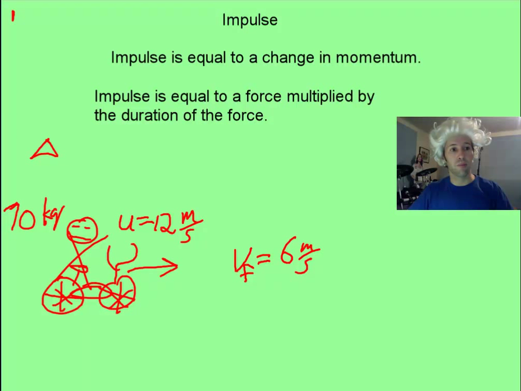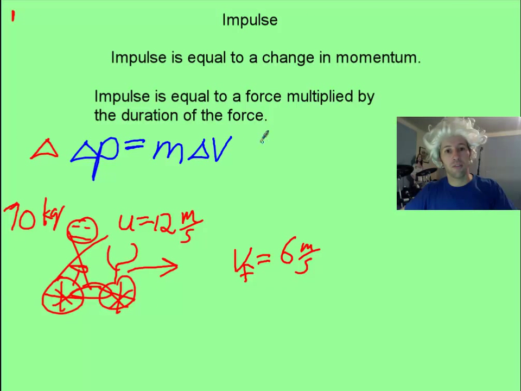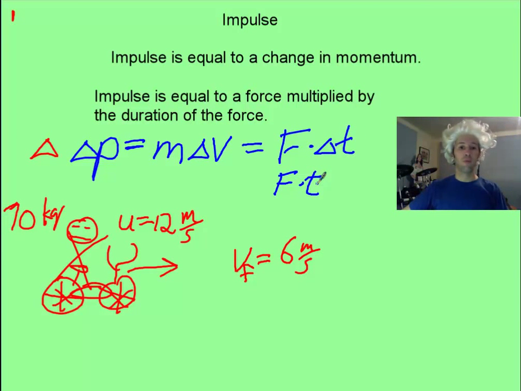The symbol is usually just delta p. Maybe you can use an I, but you don't see it very often. And you can write it as m delta v, or you can also write it as F times delta t, or sometimes just F times t would be good enough.